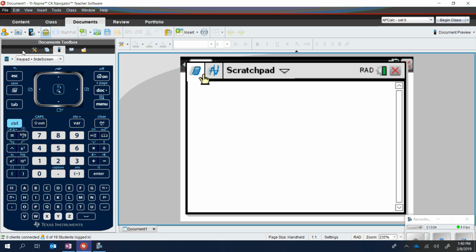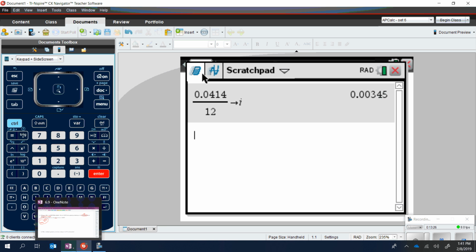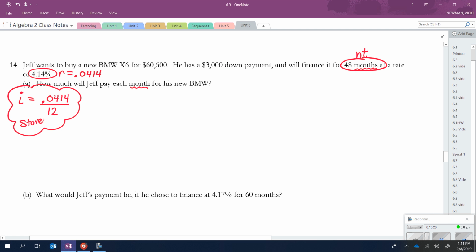And those of you that haven't figured out that I use the scratch pad only, welcome to the world here. Store it for I. Now that one worked out kind of nice, right? 0.00345. The last one was an atrocious mess. It just depends on the scenario. So sometimes it'll be okay, sometimes it won't be. I just prefer to store. Okay. So how much is Jeff's loan for?